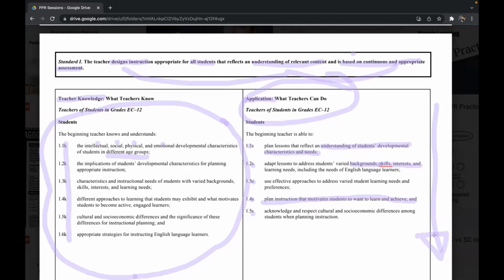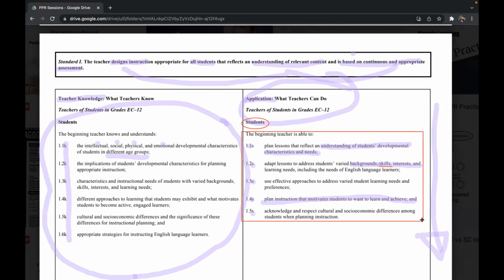Knowing your students. That's why the very first thing in all of our standards that is most important is students, and this section is all about students.